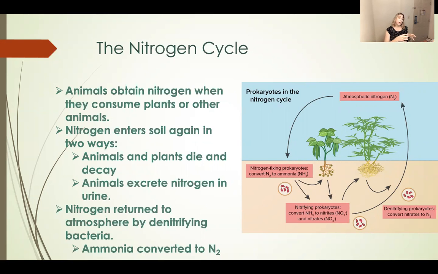So remember, we have bacteria that take it from the atmosphere and put it in the soil, but there are also bacteria that take soil nitrogen and put it back into the atmosphere. That's why I said that the nitrogen cycle is totally dependent on bacteria.